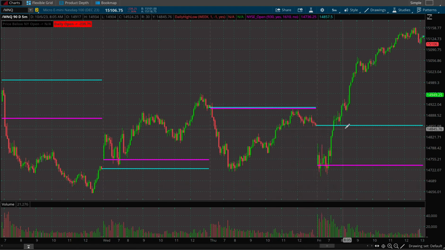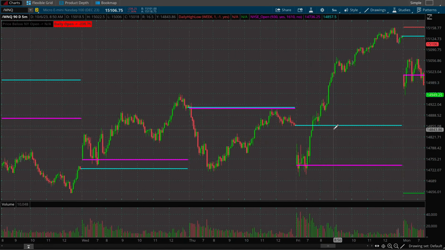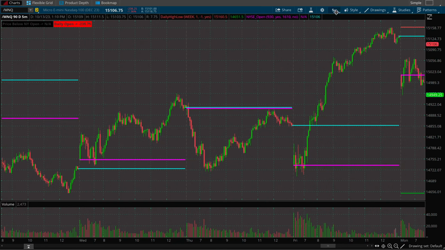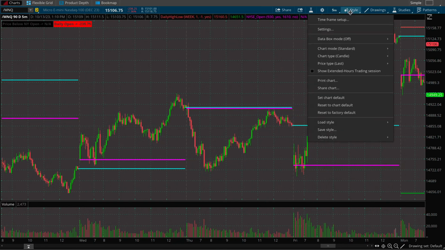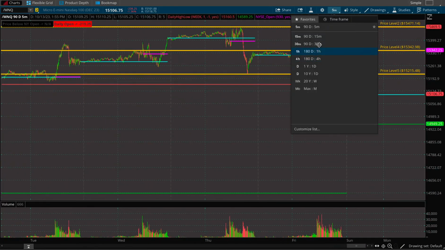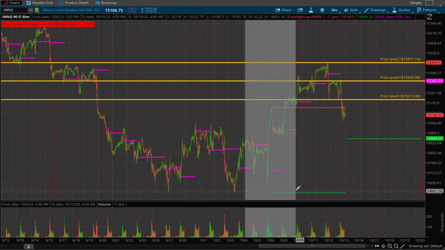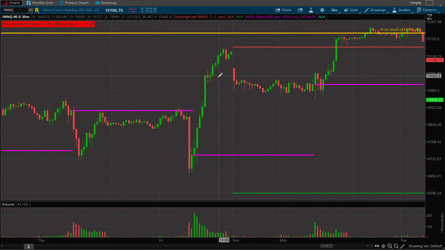So this is 10.6 here, and so we're looking at 10.7, and let's do the same analysis here, and we're going to go to extended hours, and I'm going to go into 30 minutes to make the chart a little bit cleaner. And where is 10.7? That is 10.6 here, that's 10. Okay, so we are right somewhere there. That's 10.8, that's 10.6, so we're looking at 10.8, 10.6, 10.8, that's what we're looking at.